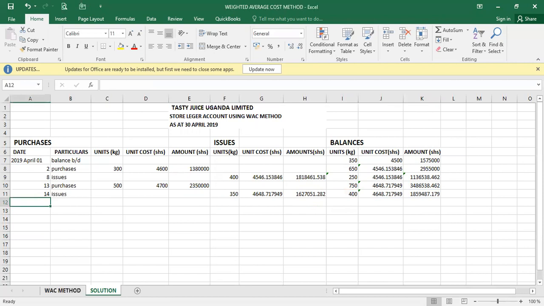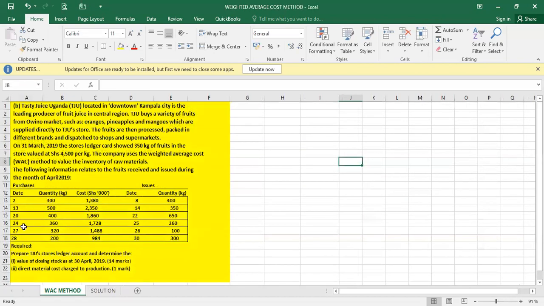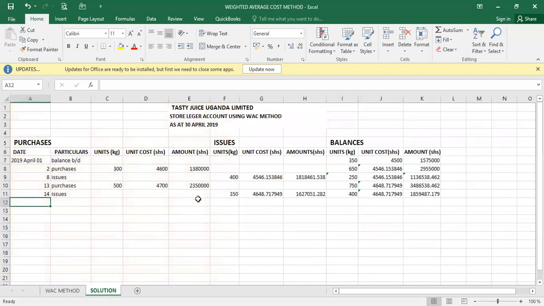You can go to the next one, next transaction, which happened on 20th. On 20th, we bought 400 units at 1,860,000.